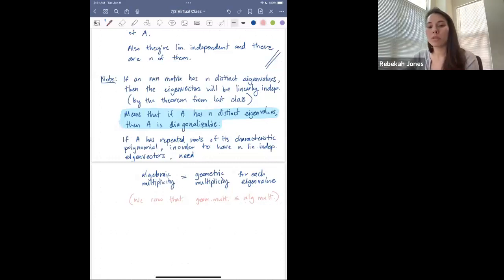And the geometric multiplicity of the eigenvalue is the dimension of the eigenspace, right? And so in general, it can be smaller. We saw an example of a double root where the eigenspace was only dimension 1, right? And so if the algebraic multiplicity actually matches the geometric multiplicity, then we should be able to get the right number of linearly independent eigenvectors.